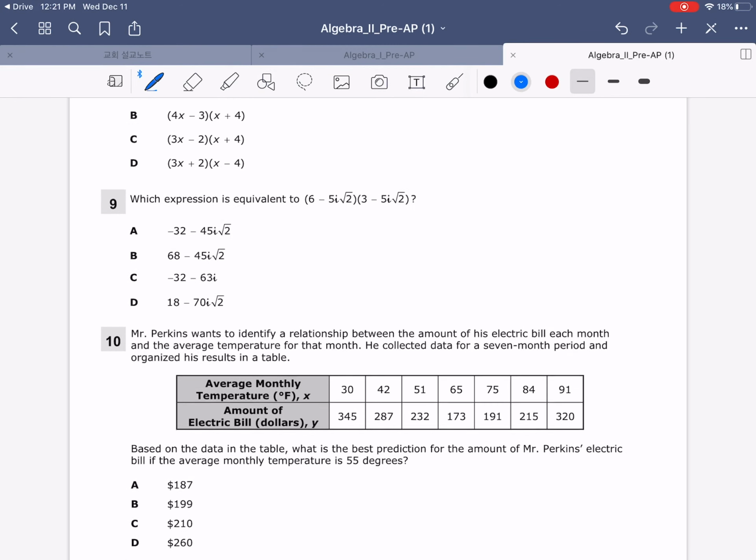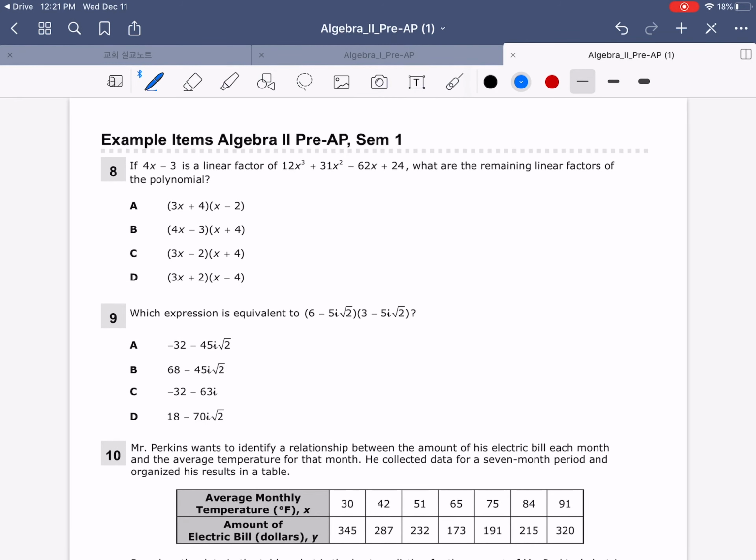Question number 4. It's an easy question. If this is a linear factor of this one, what's the remaining factor? So basically, I think the question put this one to confuse you, but this one doesn't really matter because the only thing that you have to do is factor this one out. So let's see, 12 and 31.